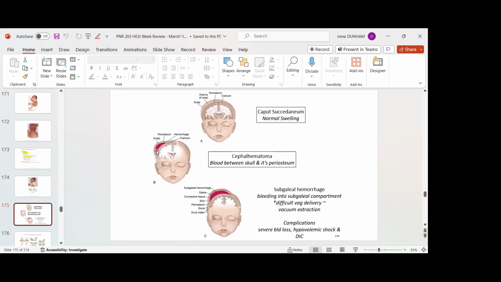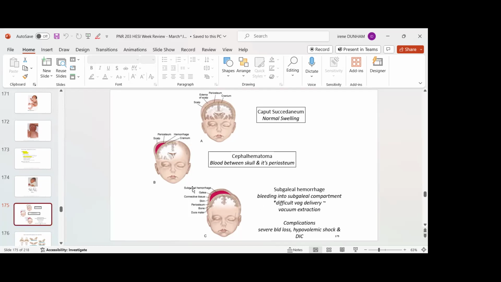This is a collection of blood. Now, the problem with this one is that the body will reabsorb the blood into his system. It will increase his circulating bilirubin, will increase the chances of him getting jaundice, and will increase the need for him to have phototherapy.